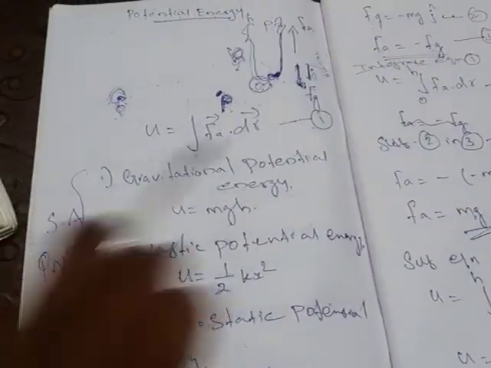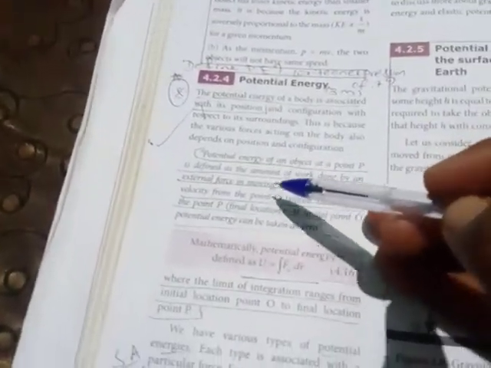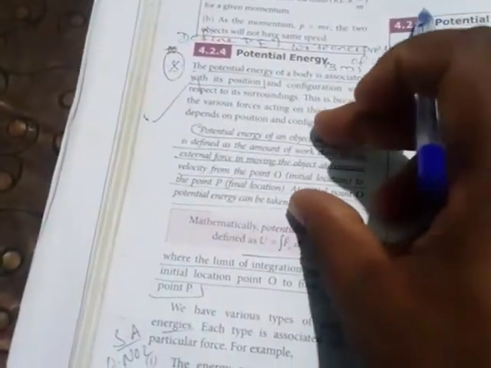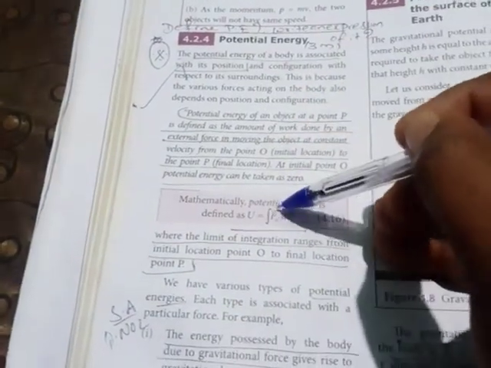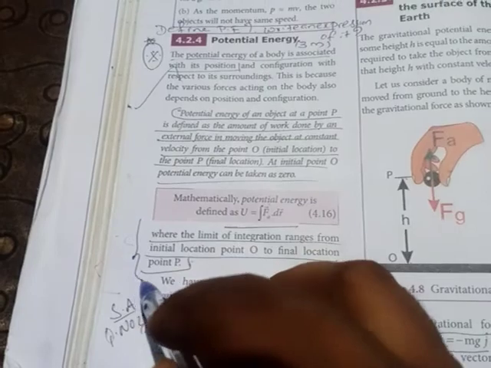And this you can see on page number 176. First you can write this definition, then this expression, then this paragraph.